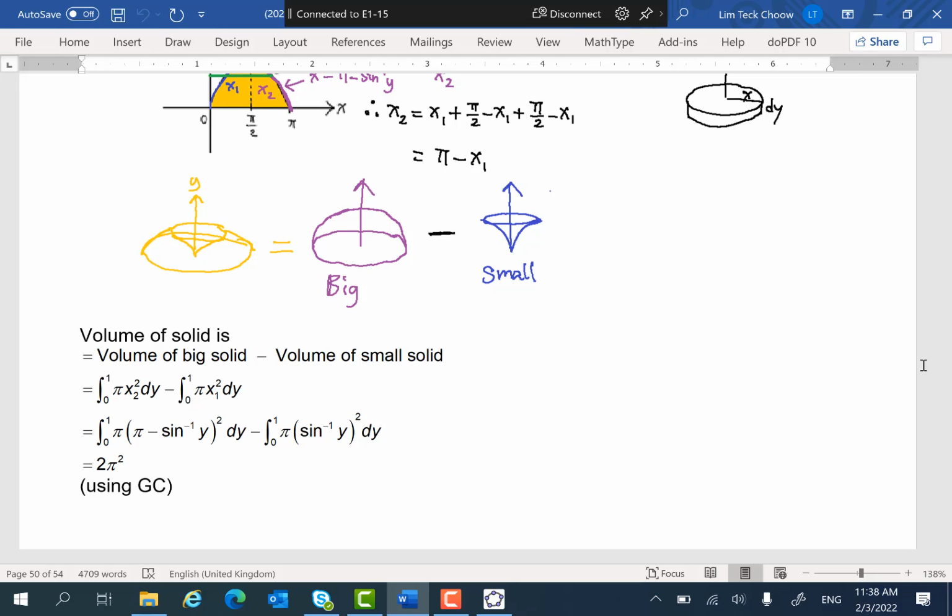Given this line, if I rotate about the y-axis, it becomes something like this, where this one is exactly the x line.